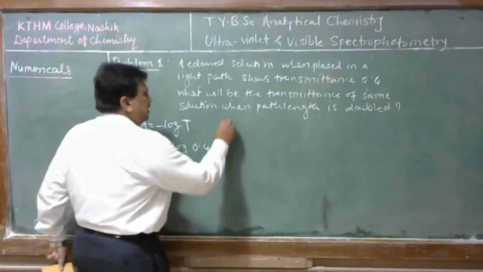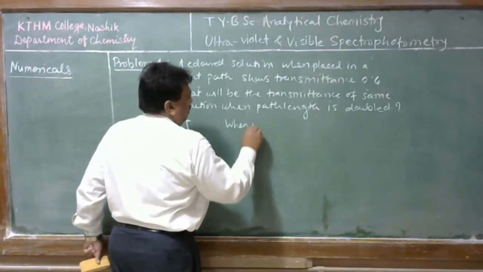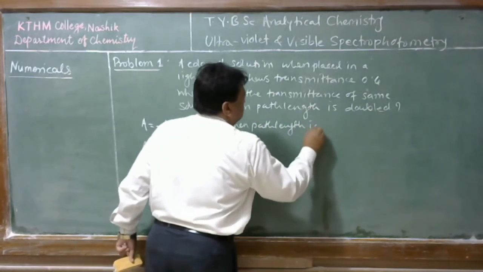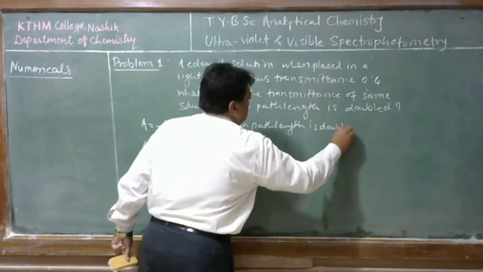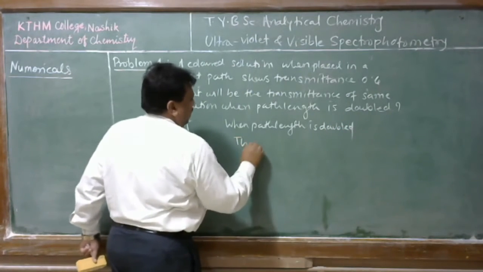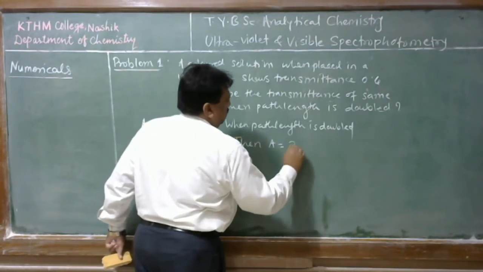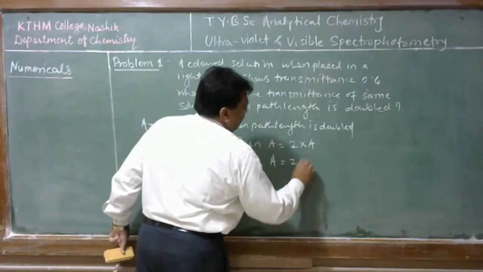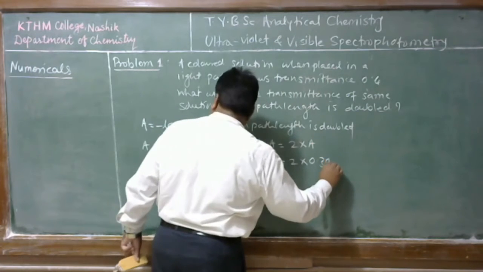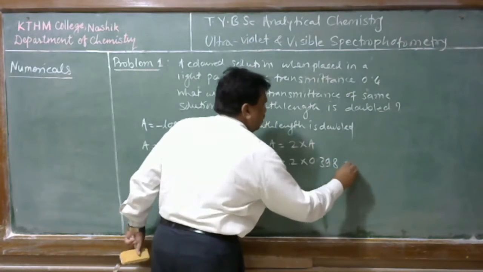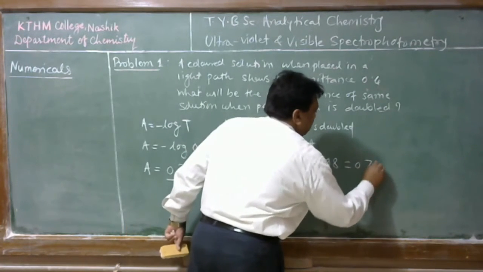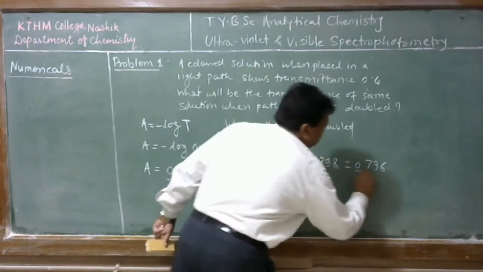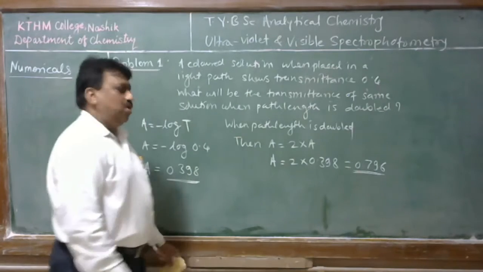When the path length is doubled, then A is equal to 2 into A. Therefore, A is equal to 2 into 0.398, which is equal to 0.796. Therefore, here we have to find the transmittance for this absorbance.